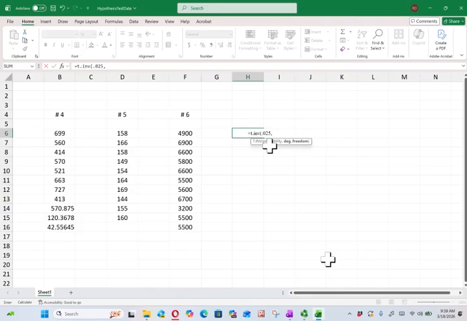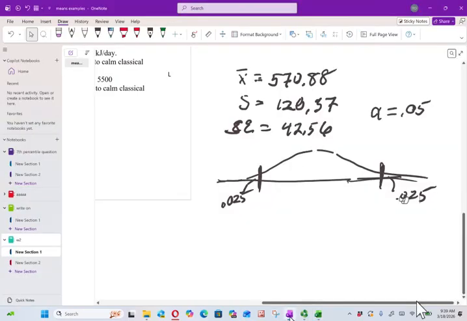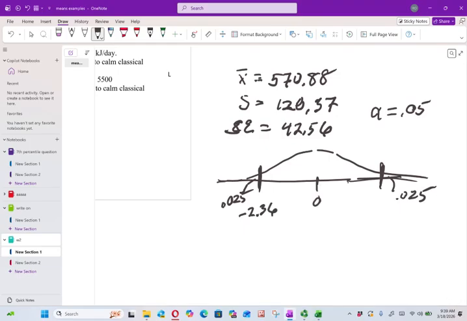N minus 1, 7. And that's all it needs. And I get minus 2.36. Then this is minus 2.36. The value of t of minus 2.36 cuts off 2.5% on the low end.